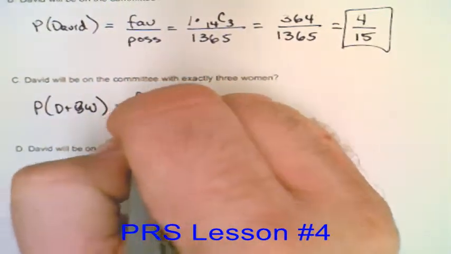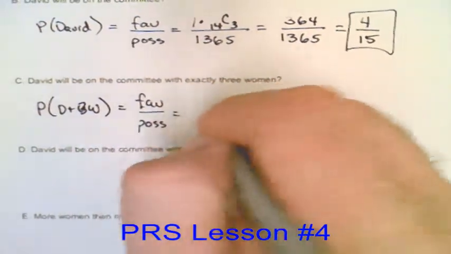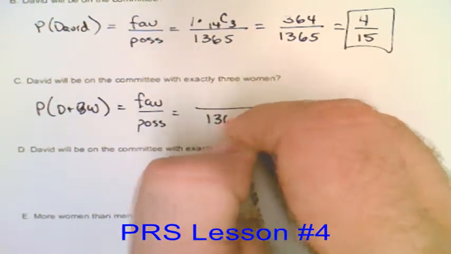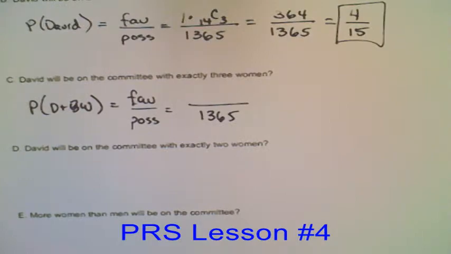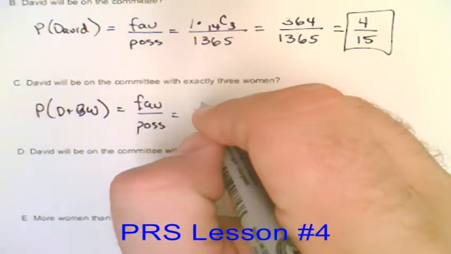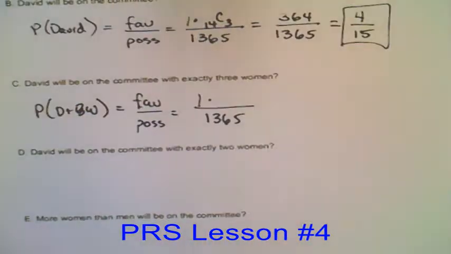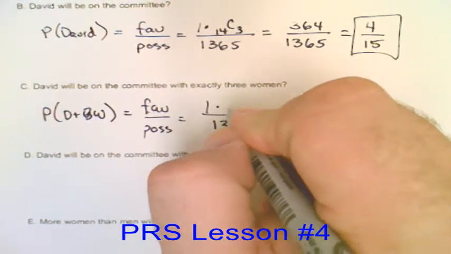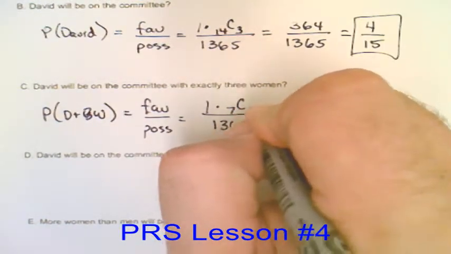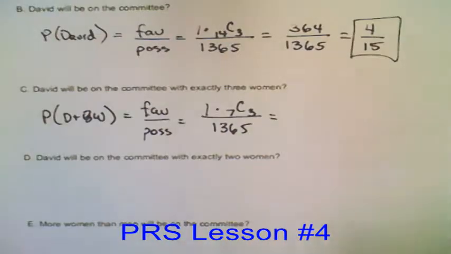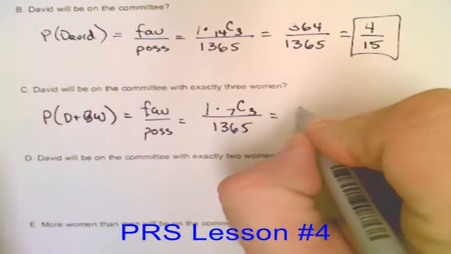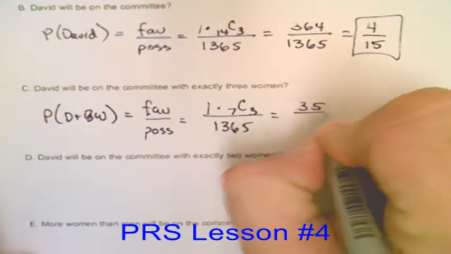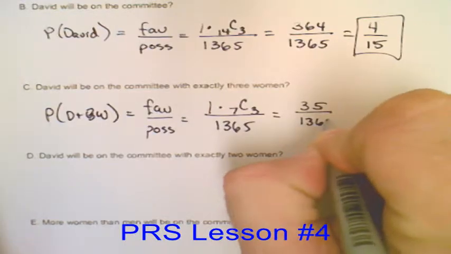And all I do is keep going. What's the probability that David will be on this committee with exactly 3 women? So the probability of David and 3 women is favorable over possible. The possible is still 1,365. I've got David and I've got 3 women. There are 7 women. If you go back to the question, there's 7 women and I've got to choose 3 of them.